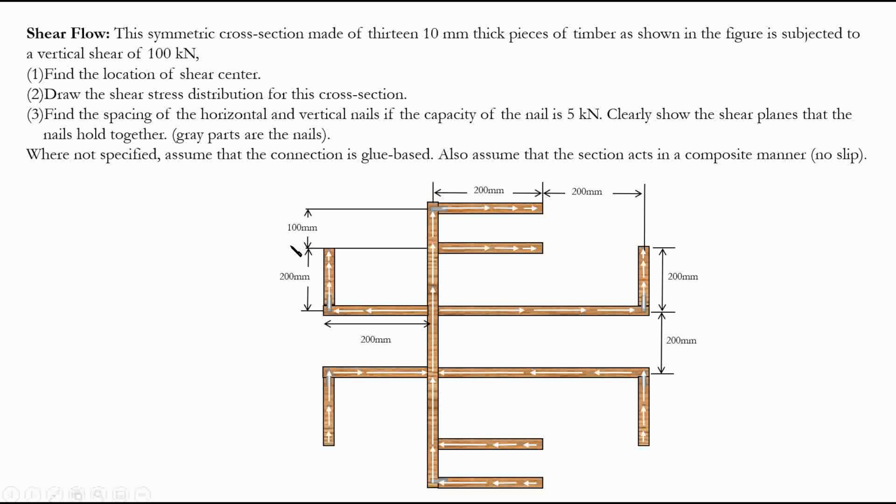So the reaction or the flow, which you can consider a reaction to the distribution of the shear, will be from the bottom to top. As you can see, the web, which is the main shear carrying member, is resisting this shear applied either here or anywhere in this direction, of course.